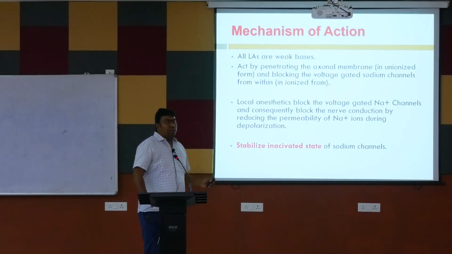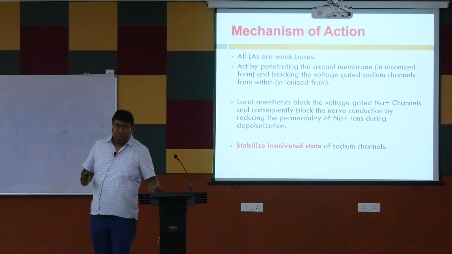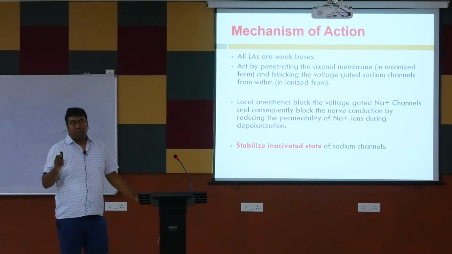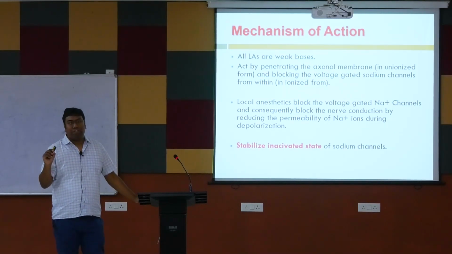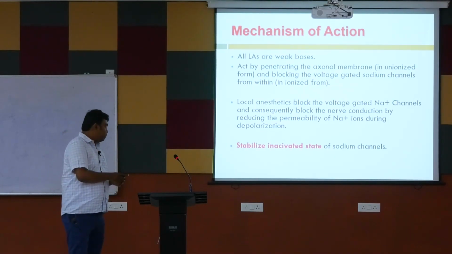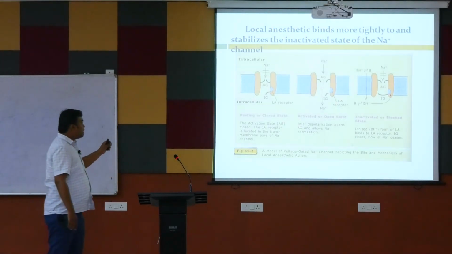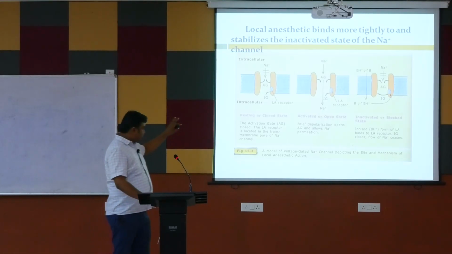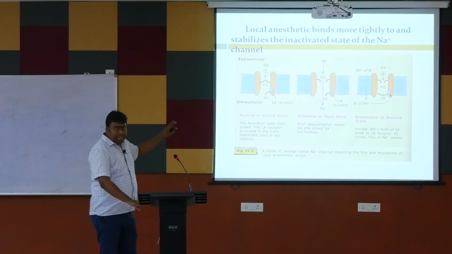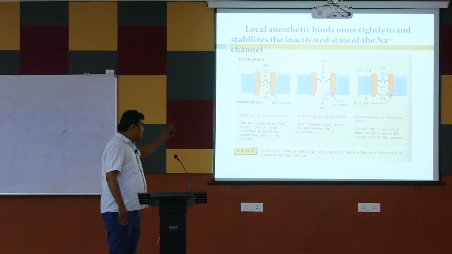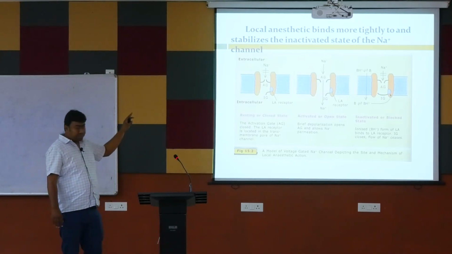And there, what happens? There are sodium gates, and they block the sodium gate in an inactive state. If we look at this, one is the inactivation gate and one is the activation gate.